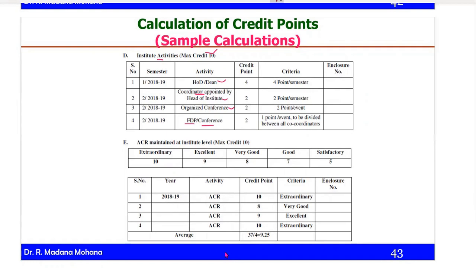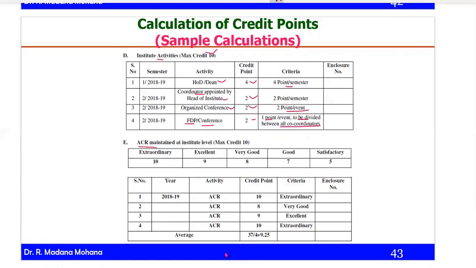Here HOD or Dean 4 points per semester, coordinator appointed by head of the institute 2 points per semester, organized conference 2 points per event. For FDP and conferences, 1 point per event to be divided between all the coordinators involved. These are all institute level activities.